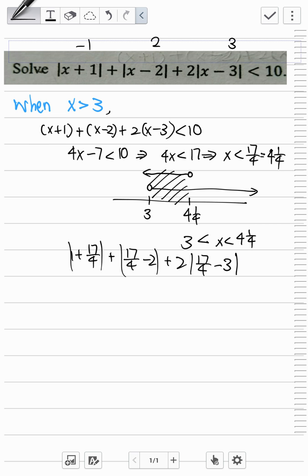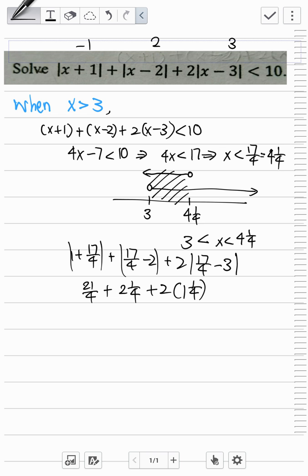So from this one I would get 21 over 4, plus 4 and 1 quarter minus 2 is 2 and 1 quarter, plus 2 times 4 and 1 quarter minus 3, which is 1 and 1 quarter, correct?